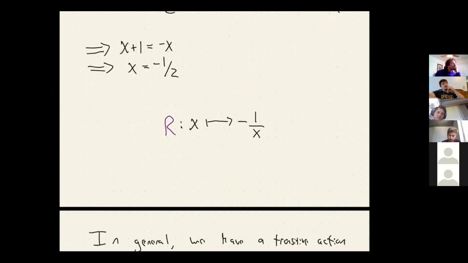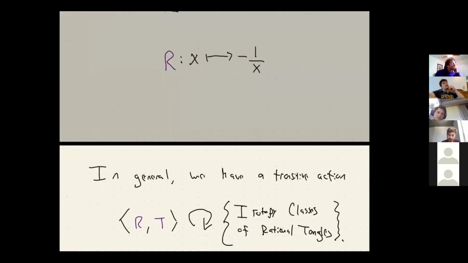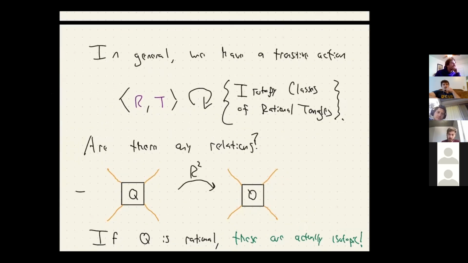Okay, so to make this all a little bit more formal, we can talk about these actions of R and T acting on the set of isotopy classes of rational tangles. So this is just a free group on 2 generators, and I'm going to have the generators act by rotations and twists.